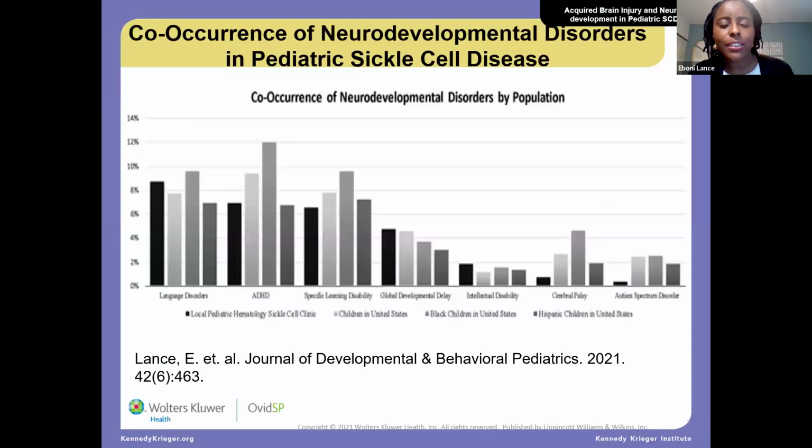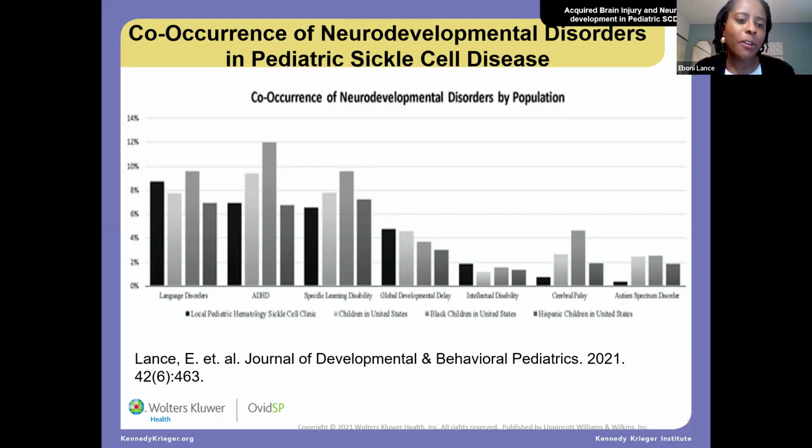We did take a look at the entire population of sickle cell patients at the Hopkins Pediatric Hematology Clinic, and looked at the diagnoses of neurodevelopmental disorders in everyone in that clinic. Now, everyone had not been screened, so you cannot call this a prevalence study, but a co-occurrence of these disorders.